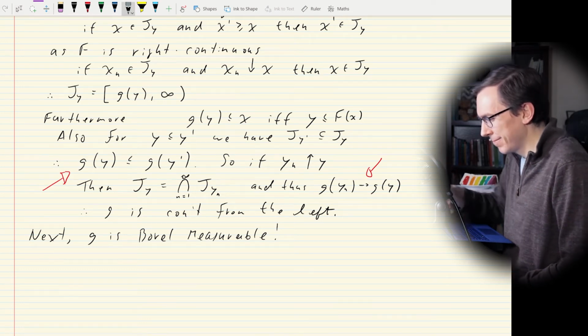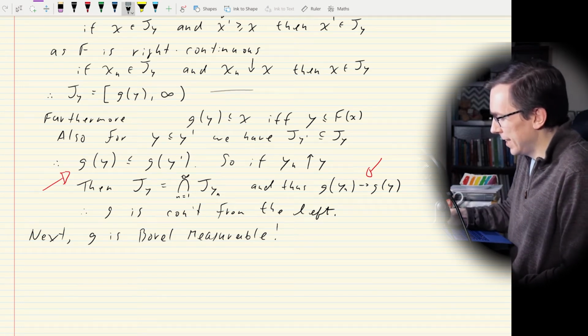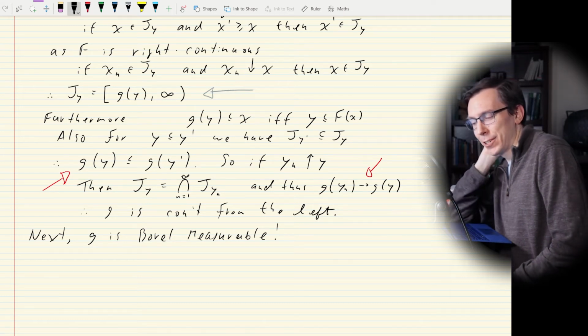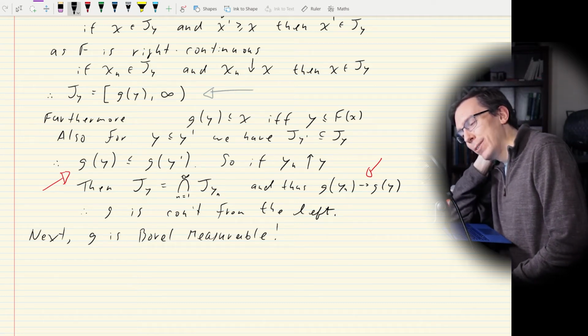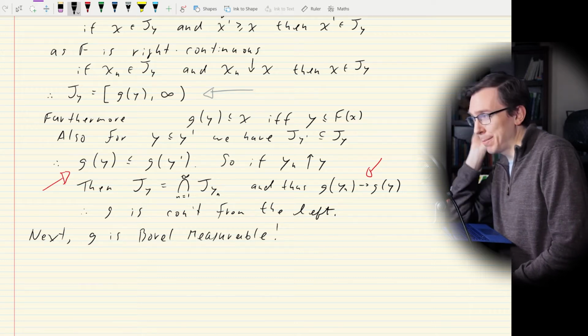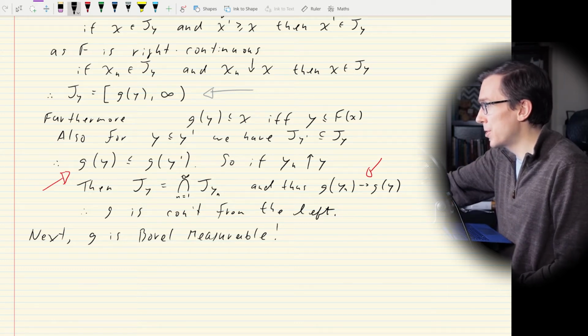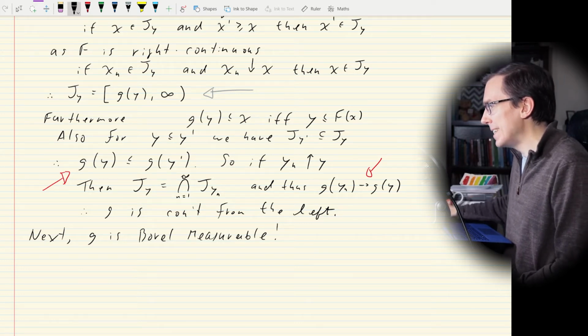The point is we have a whole bunch of half-open intervals, and if we use those, we can generate the Borel sigma field. Therefore, G is Borel measurable.